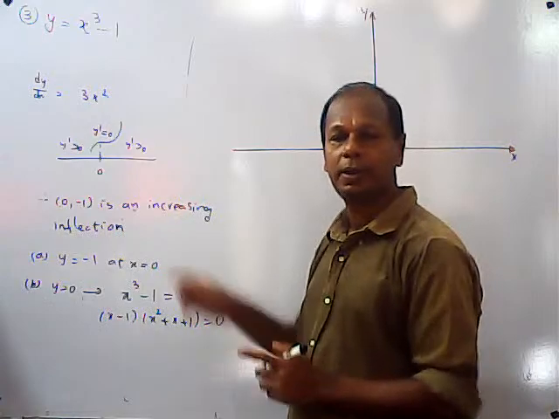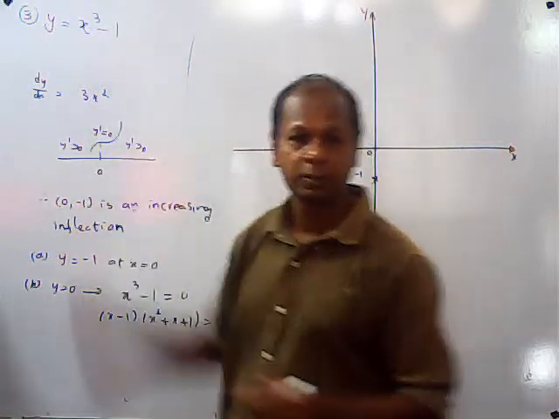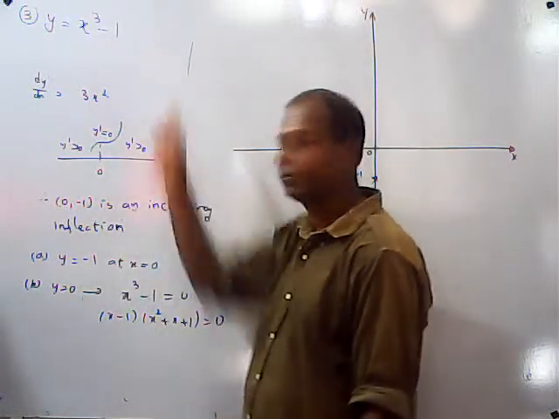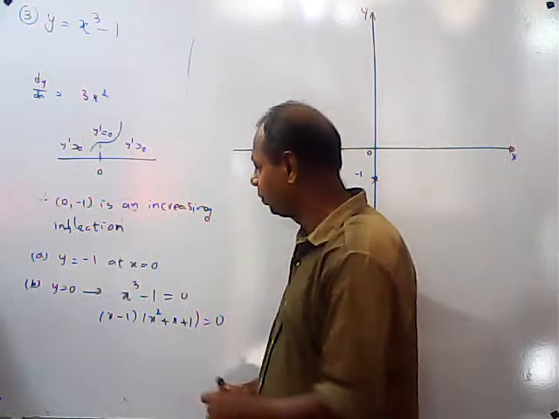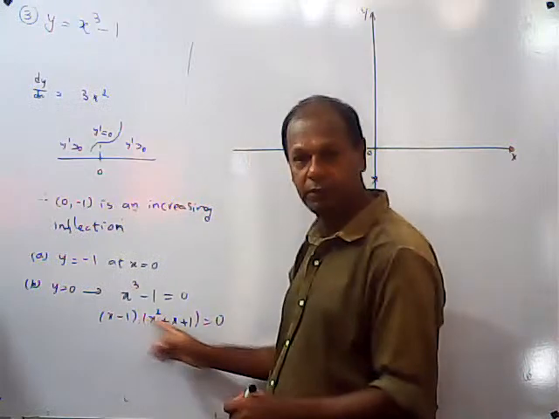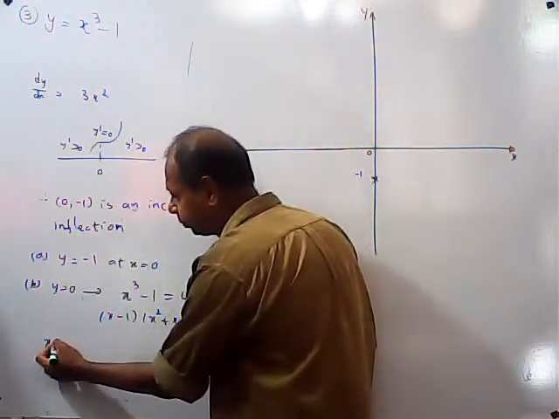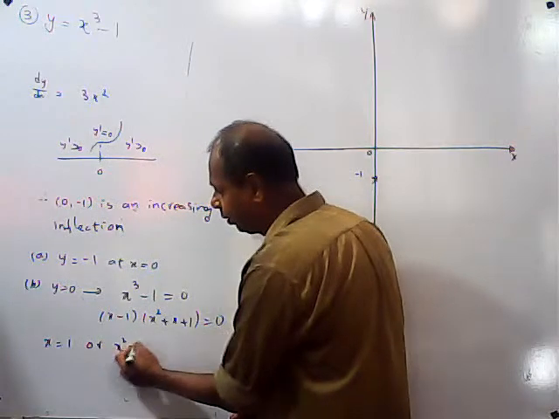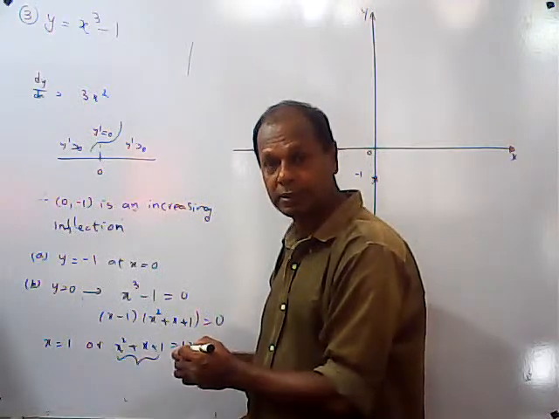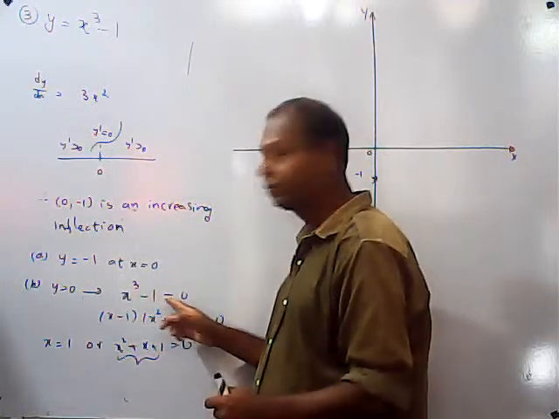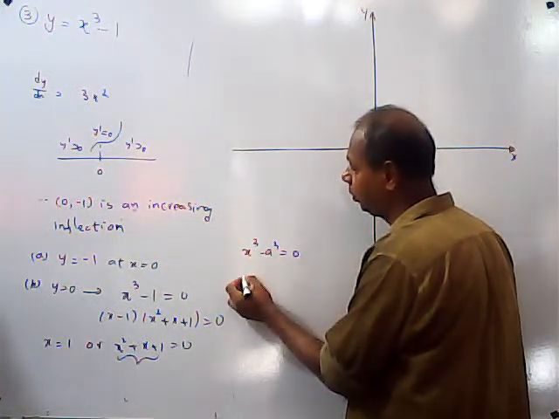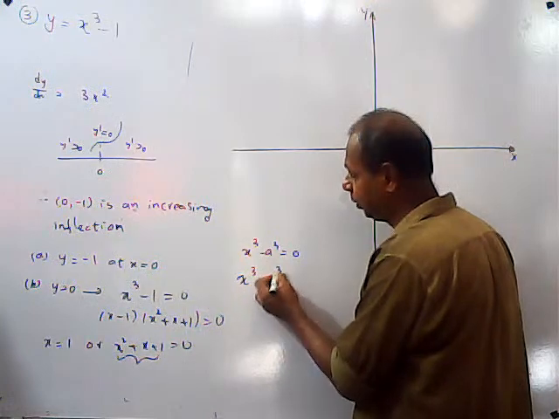So y is minus 1 as x is 0. When y is 0, x cube minus 1 equals 0. So we get x minus 1 times x squared plus x plus 1 equals 0, difference of cubes. x squared plus x plus 1 equals 0. Here there are no real roots, right? Delta is less than 0. x cube minus a cube equals 0, or x cube plus a cube equals 0.